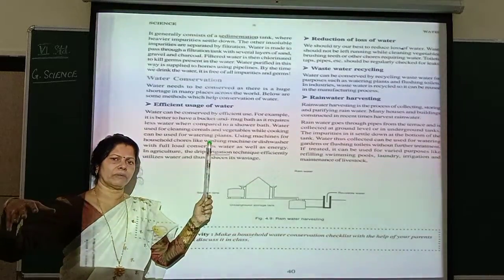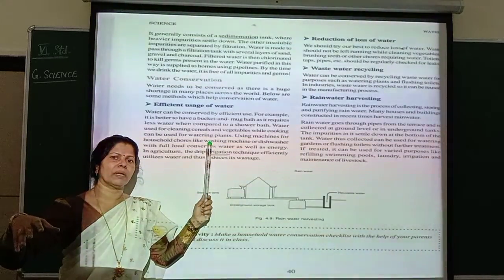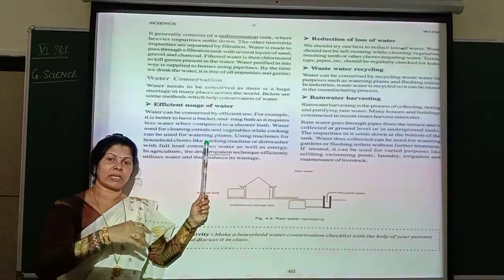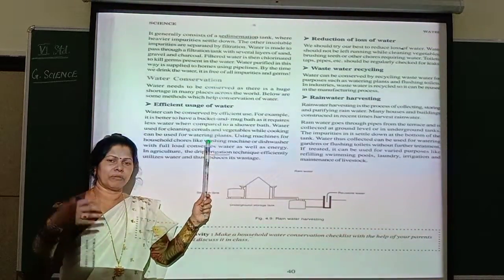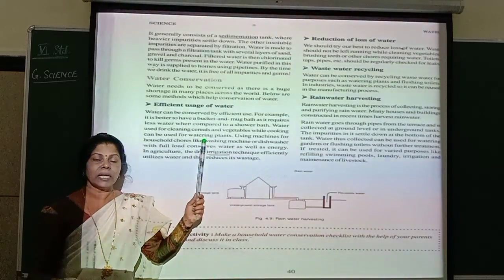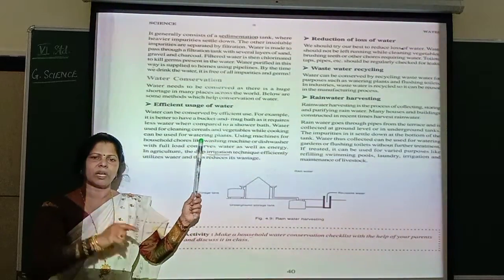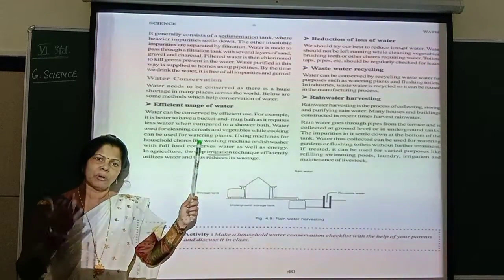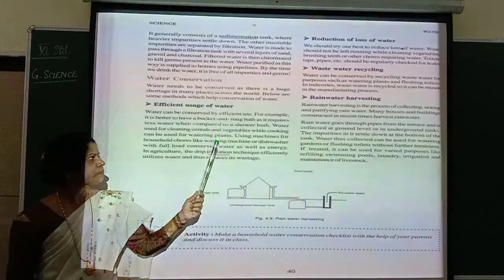Instead of using good water again, this is water which already contains minerals. If you use that water for plants, water is getting conserved and the waste water will also be cleared. The waste water will be cleared and the good water will be conserved.